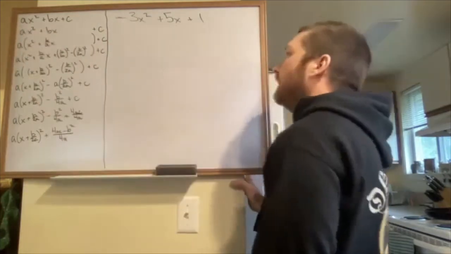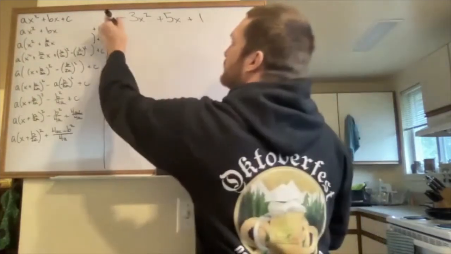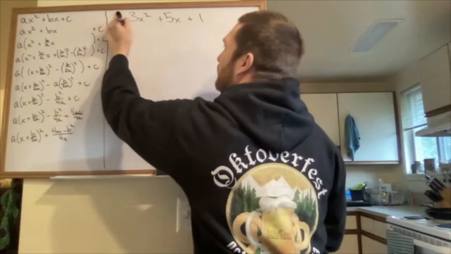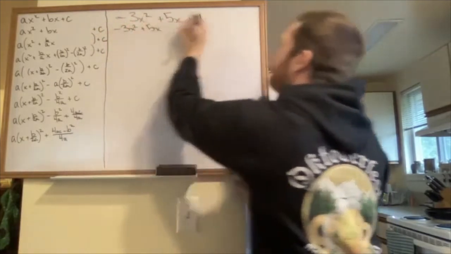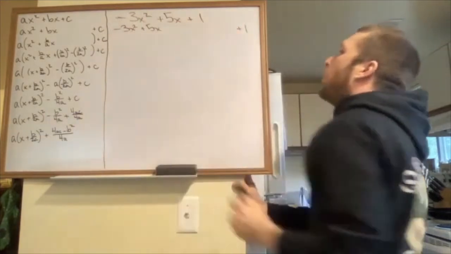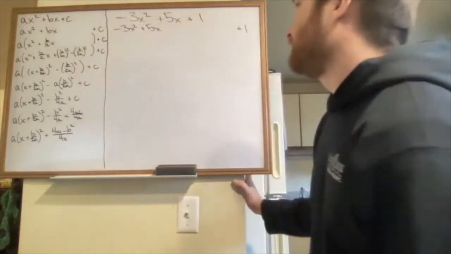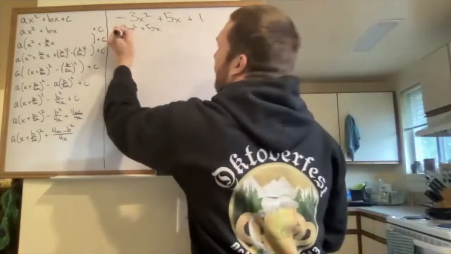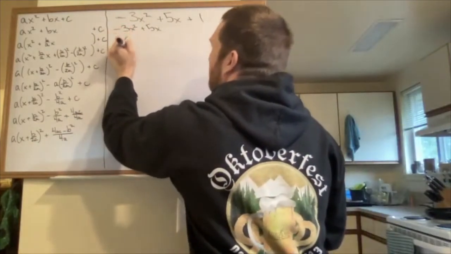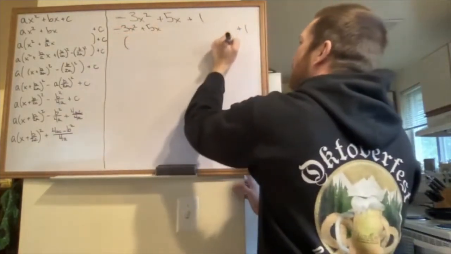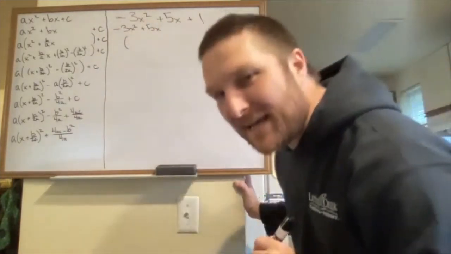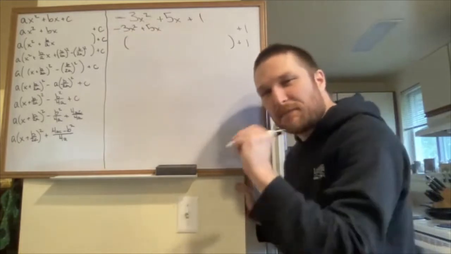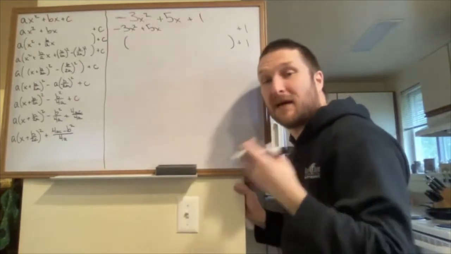But at any rate, okay. So first step, giving myself some room. So we have a minus 3x squared plus 5x, big space, plus 1. Now, what am I factoring out? A -3. That's the tricky part about this, that there's a -3.